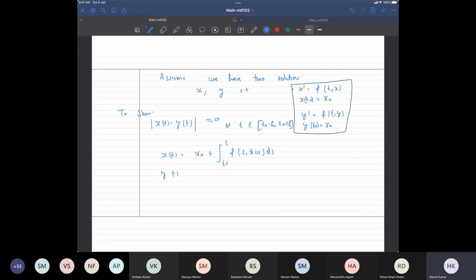Similarly, y of t will satisfy y of t equal to x naught plus the integral from t naught to t of f of s comma y of s ds. And we need their differences, so we subtract one from the other: x of t minus y of t. Now there is a mistake here. It should be x naught. So let's correct that.